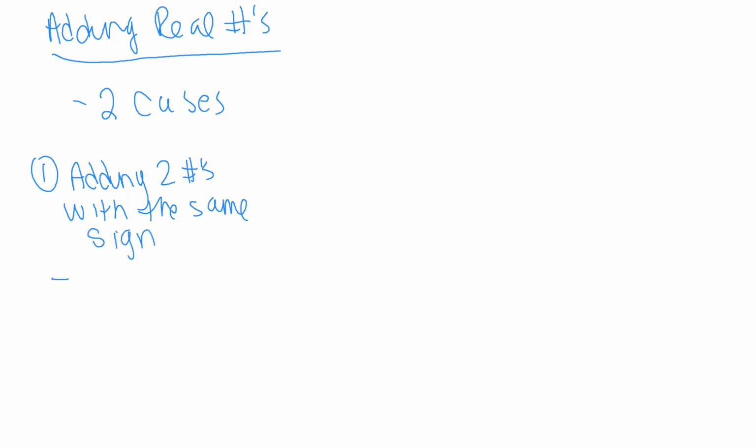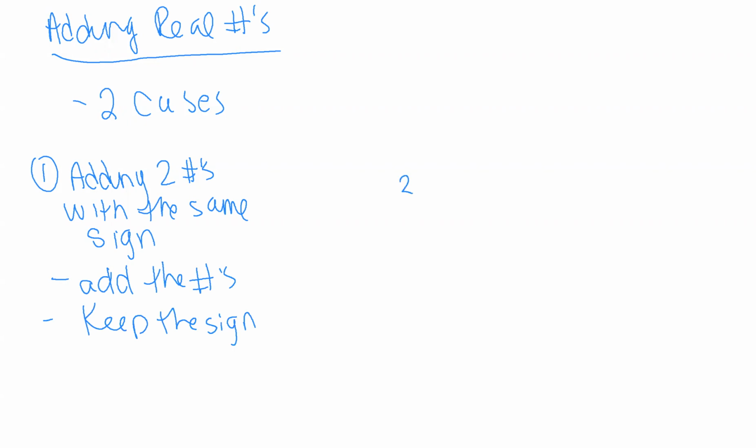Basically what you do is you pretend the sign isn't there for just a brief second, add the numbers, and then keep the common sign. So if you're adding two negative numbers, you just add the numbers and then you tack on a negative.